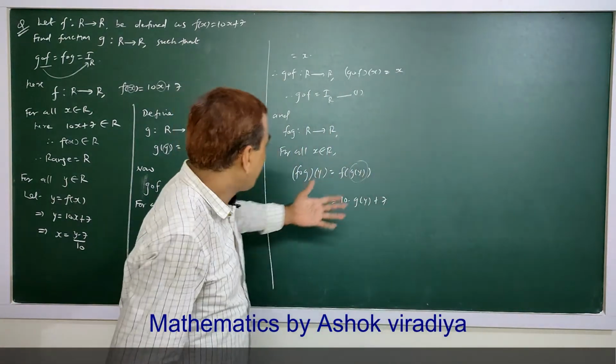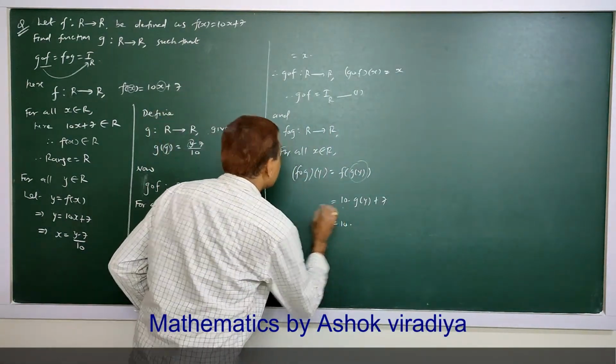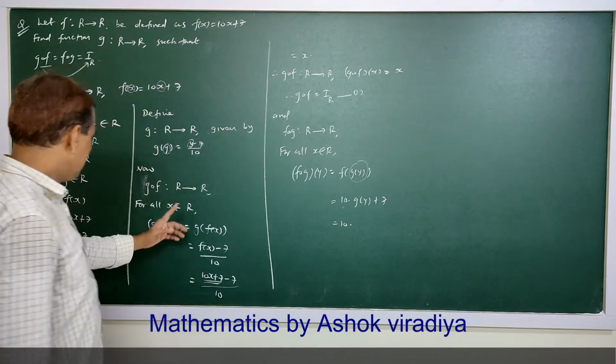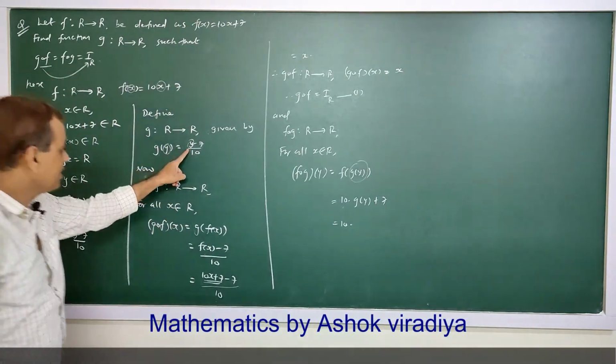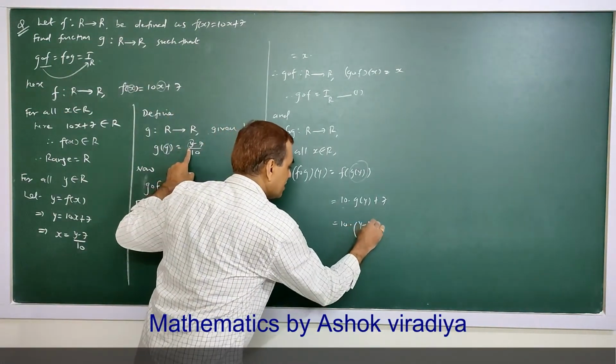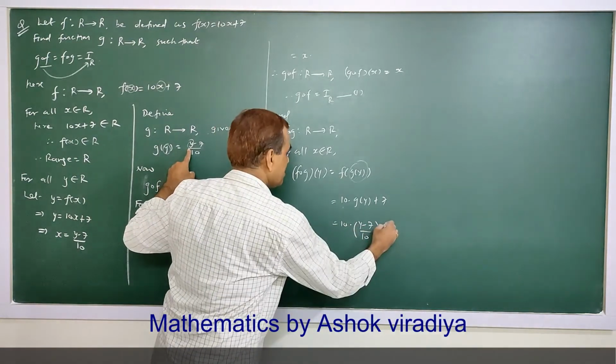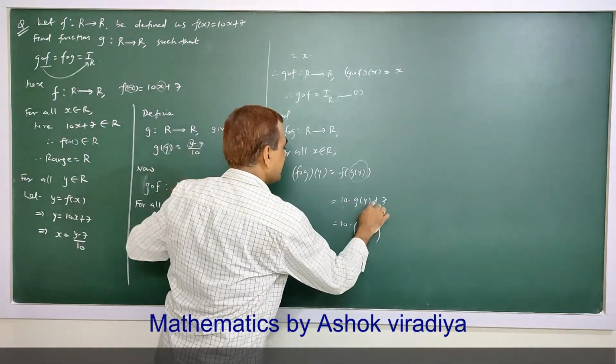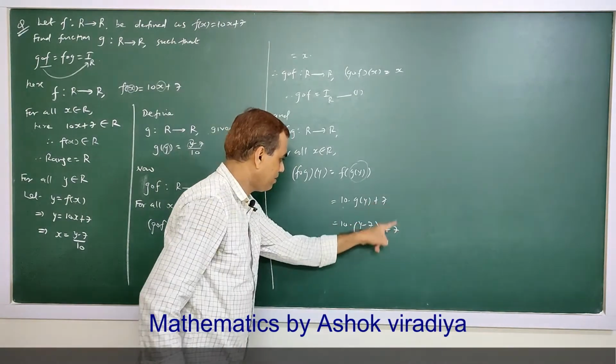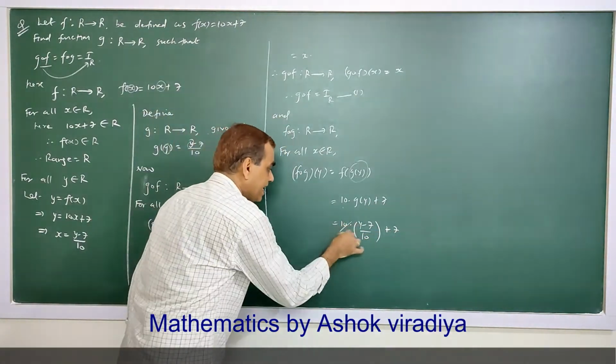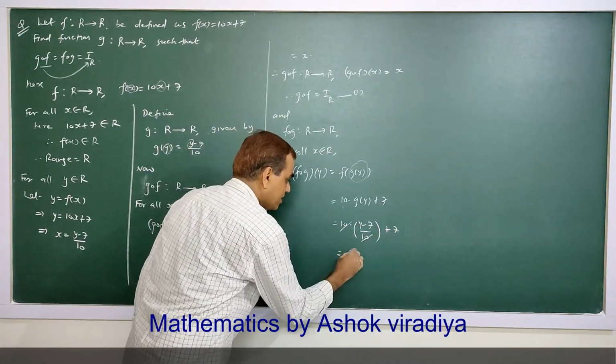Now putting the value of g y. So 10 times g y is, this was the formula for g y, (y minus 7) by 10, and here plus 7 as it is. So here 10 and 10 cancel, y minus 7 plus 7, that is y.